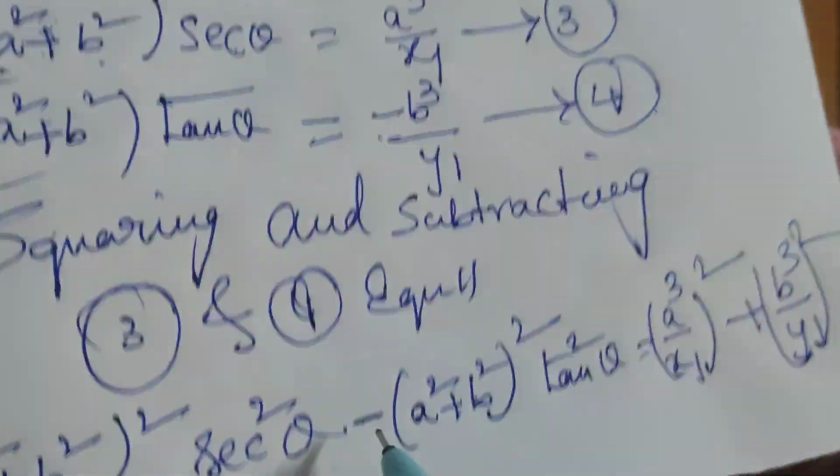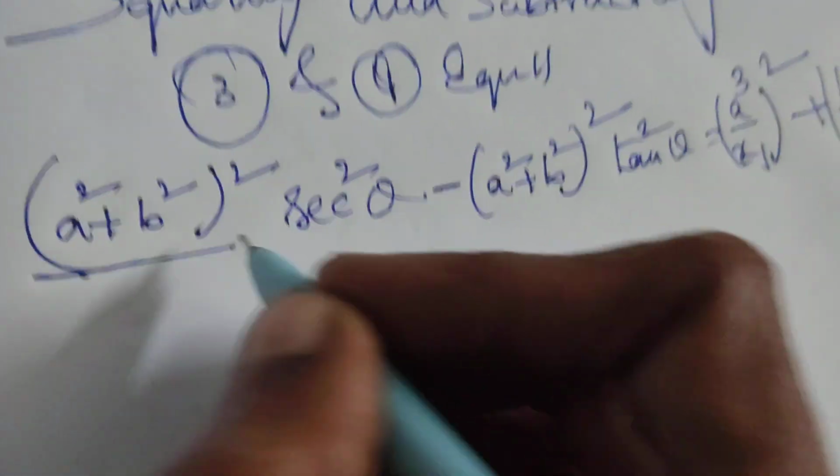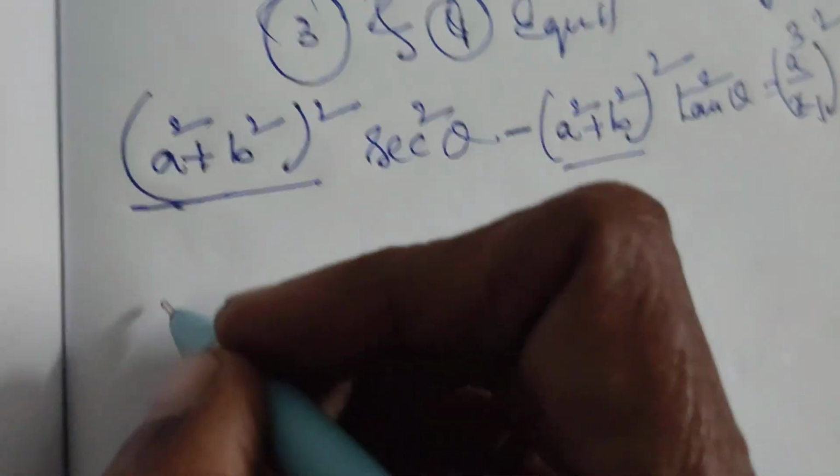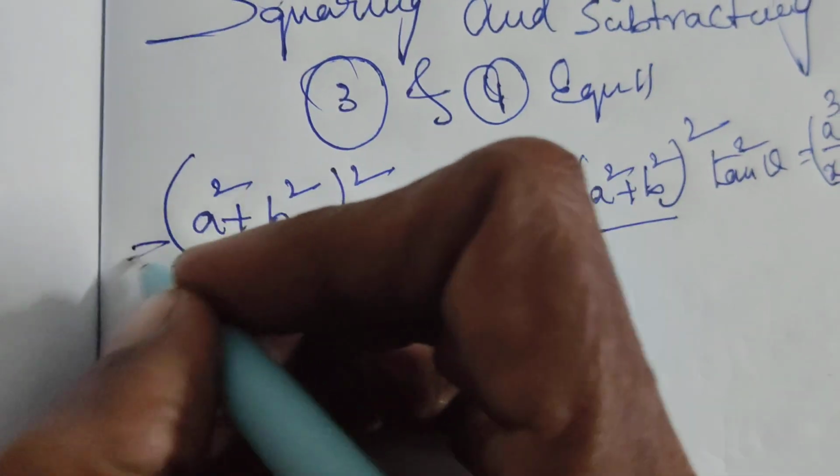Then we get this: (a square plus b square) whole square is the common factor.